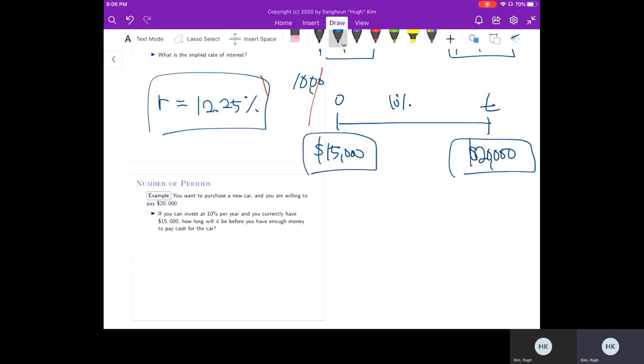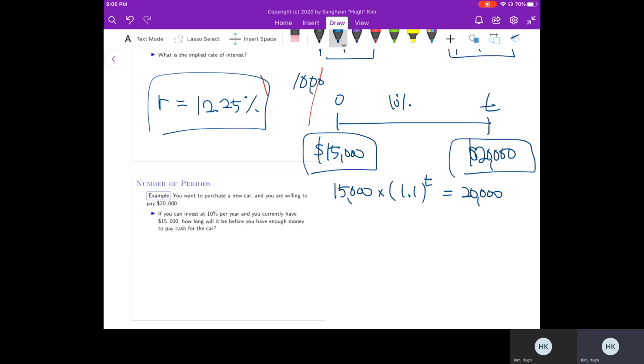Again, you can start from the future value formula. So 15,000 times (1 plus r), which is 1.1, raised to the power of t, is equal to 20,000, which is the future value.